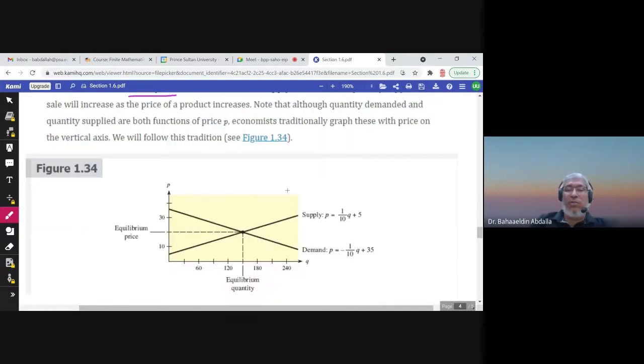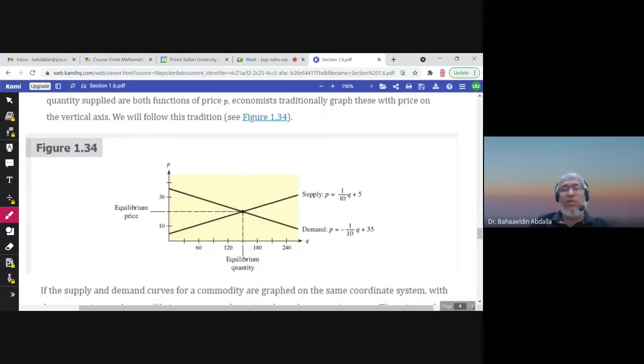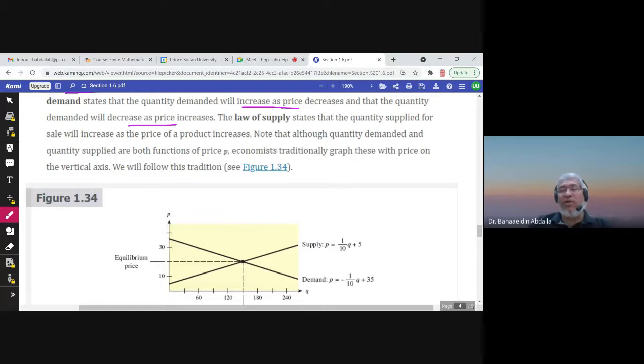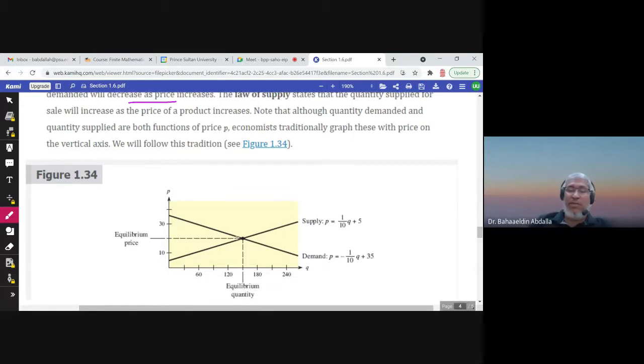So we will usually use this. Q is the quantity supplied or demanded, and P is the price, which traditionally we put on the vertical axis.